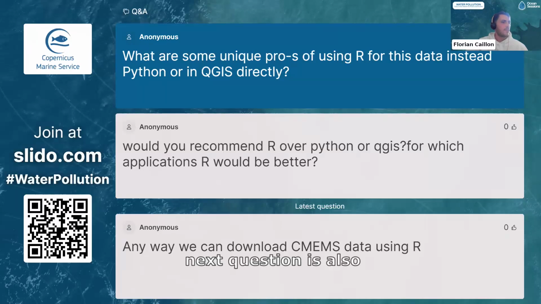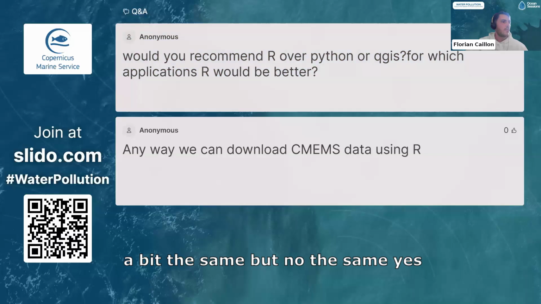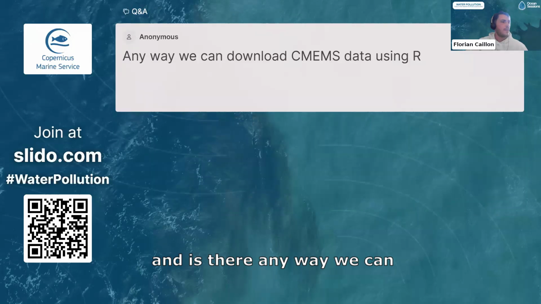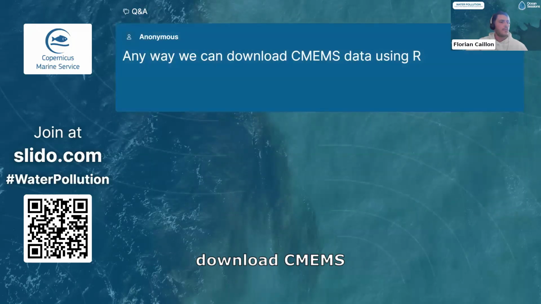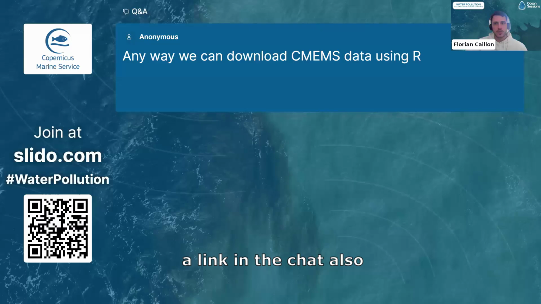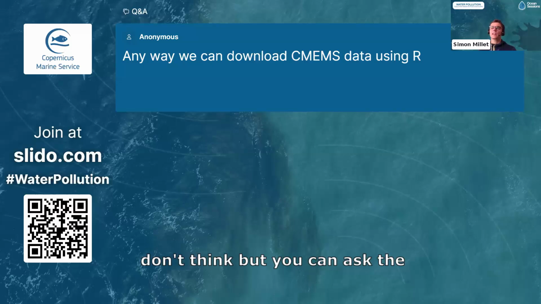Yes, the next question is also a bit the same. And is there any way we can download Copernicus Marine Service data using R? There will be a link in the chat also. Yes, I don't know. I don't think so, but you can ask the question at the user support.